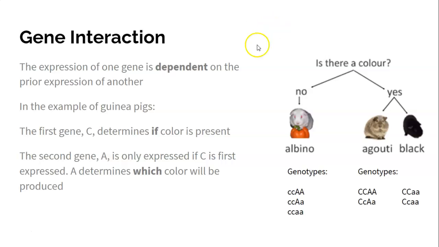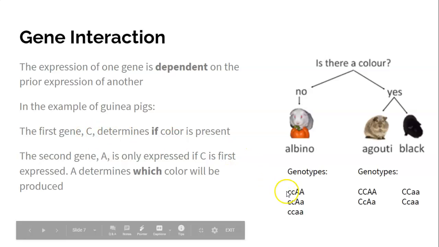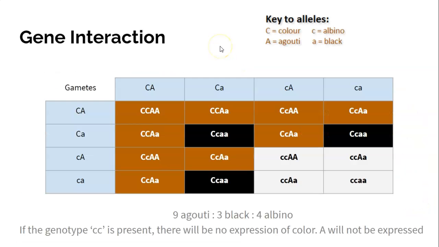So if C is not expressed or is homozygous recessive, it doesn't matter what the A is because it's always going to be albino. But if C is present, then it does matter what the A is because it could either be Agouti or black. And you can see this better in this Punnett square here.